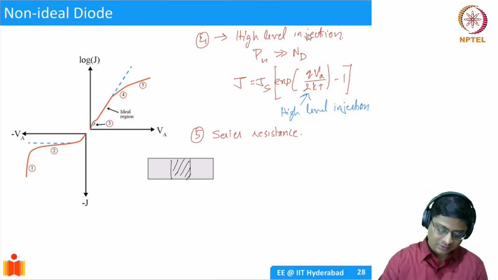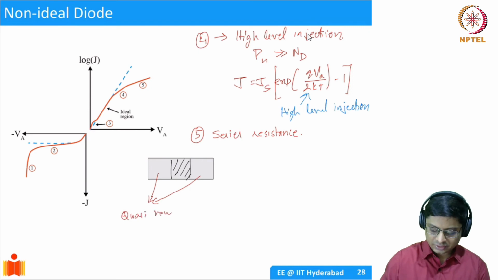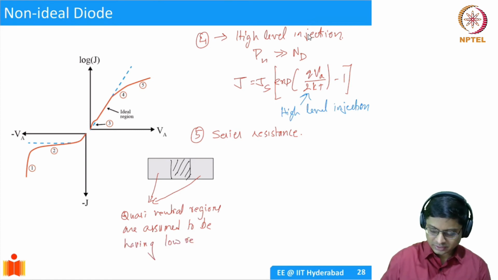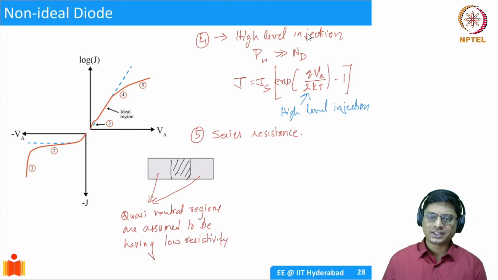So far, the quasi-neutral regions are assumed to be having low resistivity. Well, it is a reasonable assumption for many cases.